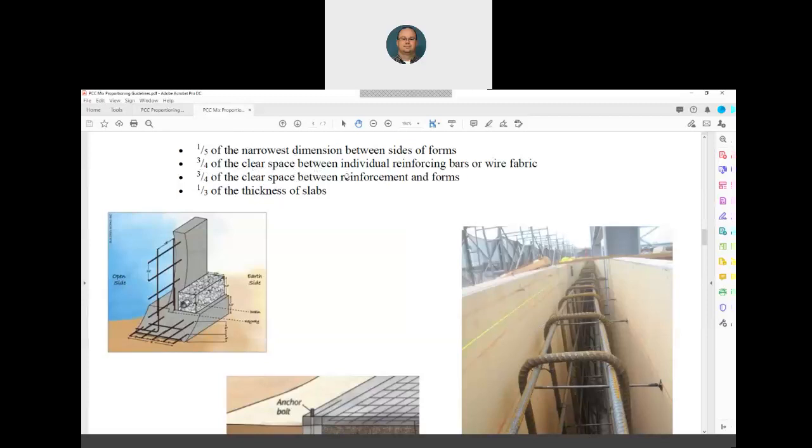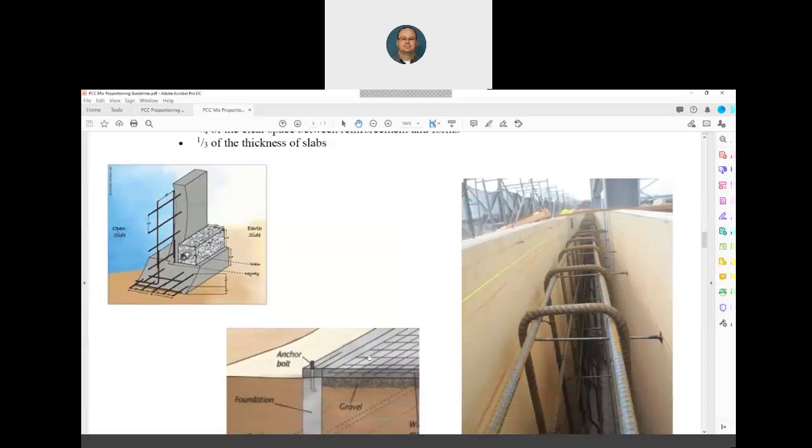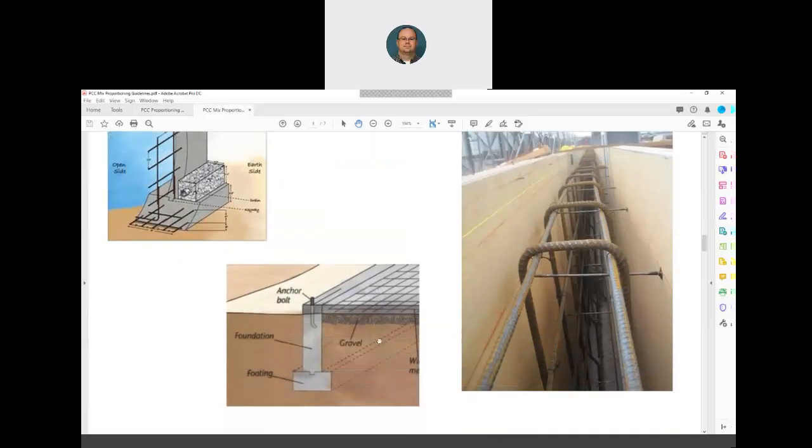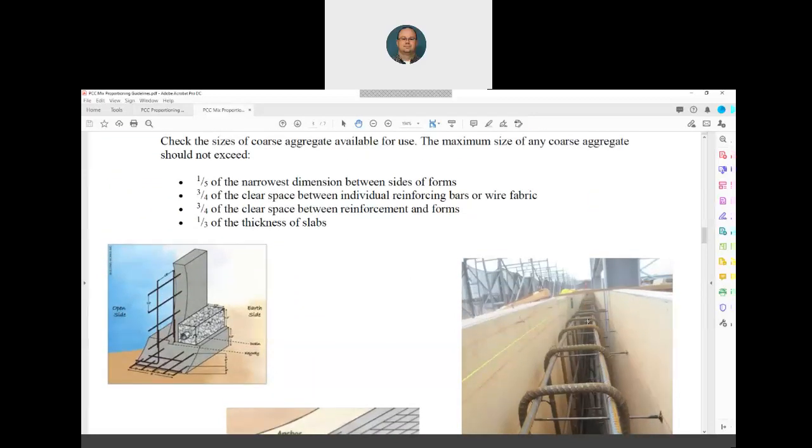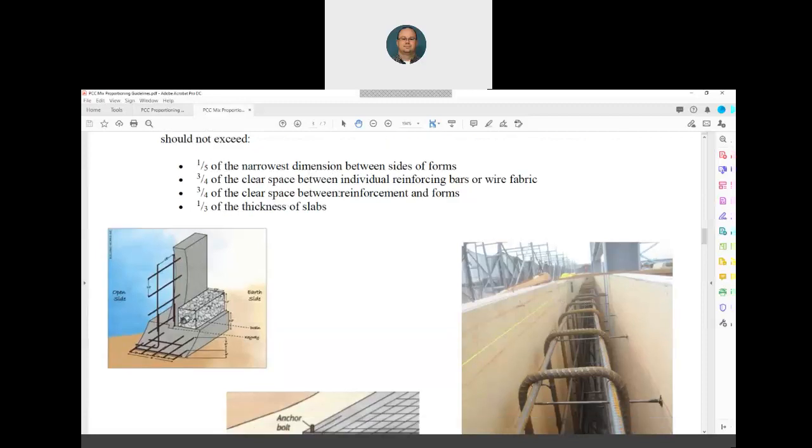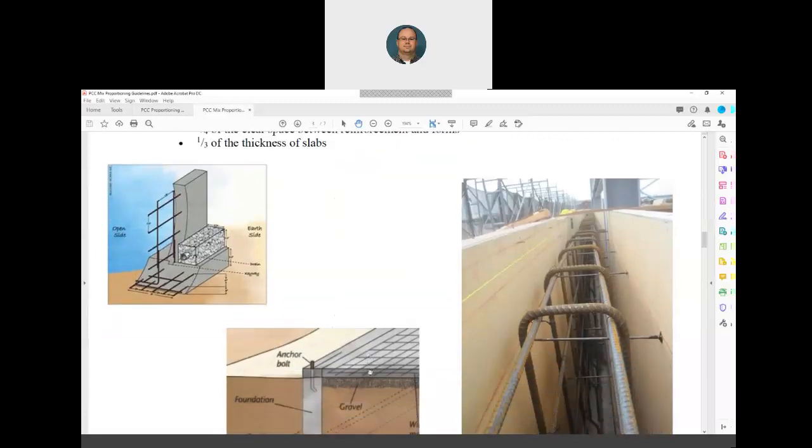3/4 of the clear space between individual reinforcing bars and fabric. Reinforcing bar right here. So 3/4 of this spacing, 3/4 of this spacing. You pick your smallest spacing times 3/4, and that is the maximum size of my coarse aggregate. Otherwise, it's like a sieve.